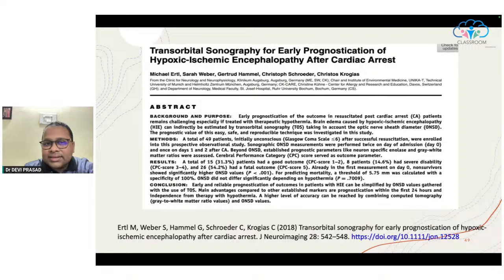So in these cases, a serial estimation of optic nerve sheath diameter, which in fact gives you an ICP, is a better non-invasive way than going for routine CT scans.